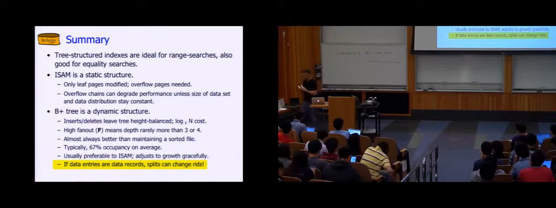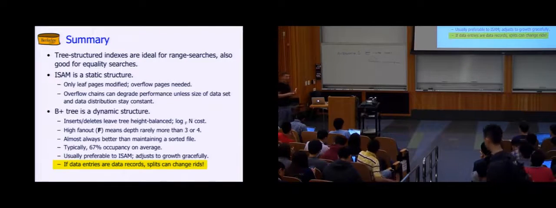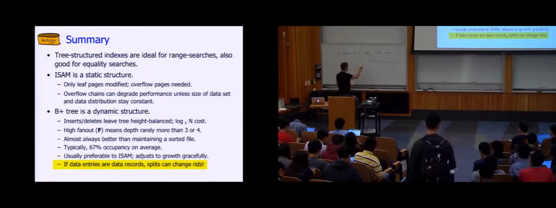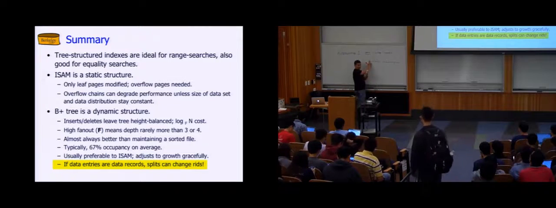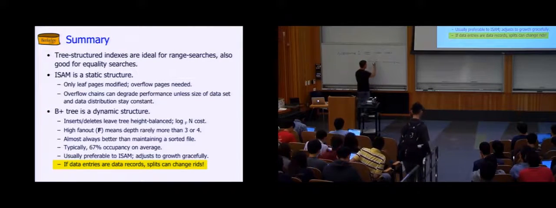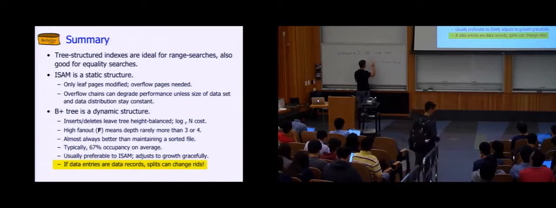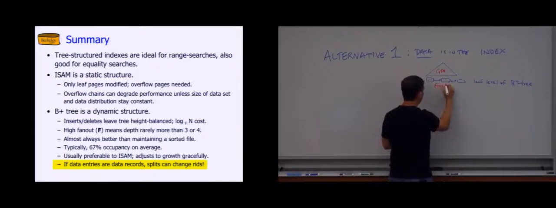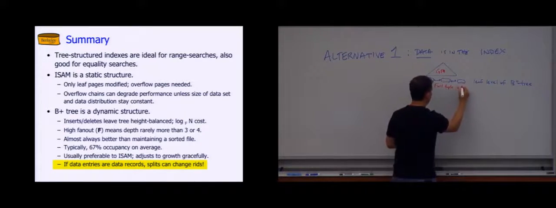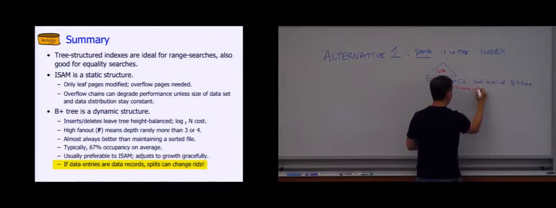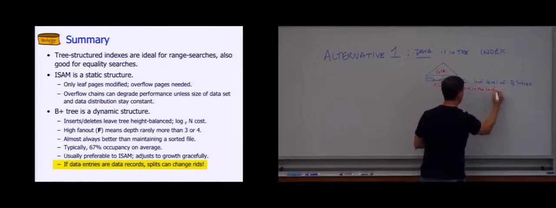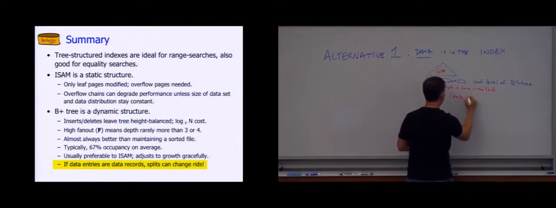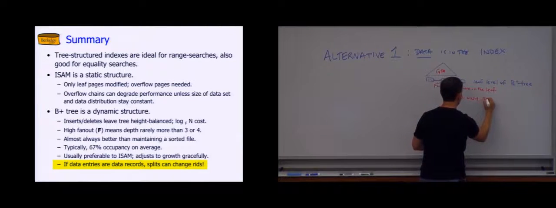So if you're looking for students by GPA, you can look them up by GPA, but the actual student record is here in the leaf of this GPA B tree. So this might be a B tree by GPA, but the full tuple is here in the leaf and only here. That's alternative 1.